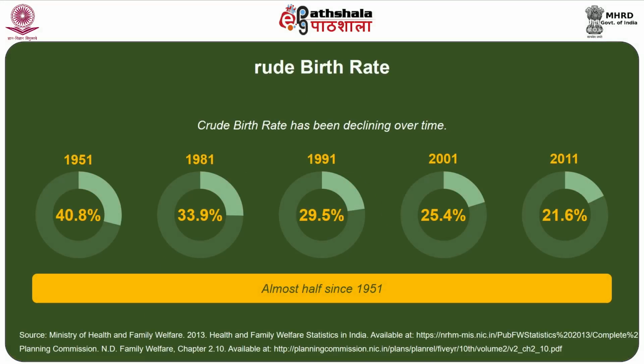Besides urbanization, two important components of population growth are birth rate and death rate. If we take birth rate, for instance, there is a clear indication that in India the birth rate started showing a declining trend, especially from 1951, when it was to the extent of 40.8 births per 1000 population.